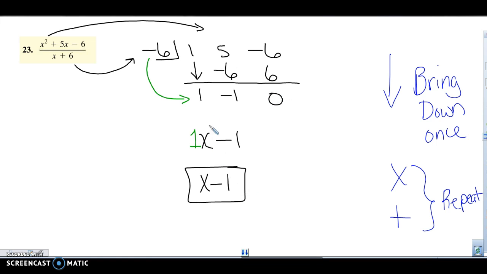Now we need to insert the variables that we are going to use in our final answer. Here are the coefficients of our final answer. We need to put back in the letters. Notice we ignored the letters to begin the problem. Now we need to put them back in. Well, the degree of your answer, your quotient, is going to always be 1 degree less than your dividend. So this was x squared. The degree of our final answer will be x to the first power.